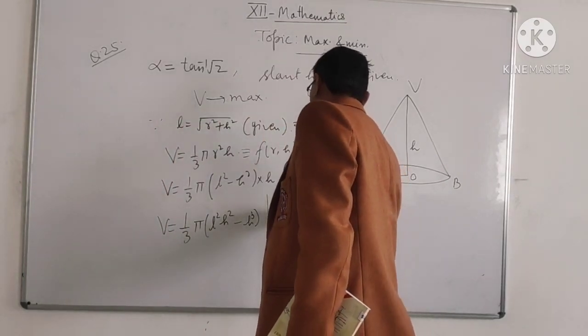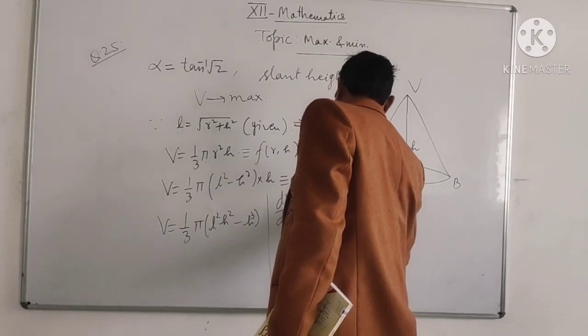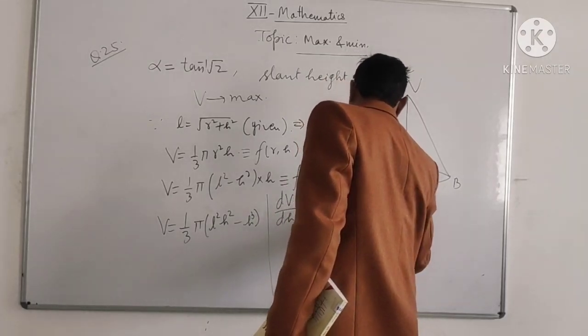Now dV over dH is 1 upon 3 pi into L square minus 3H square.